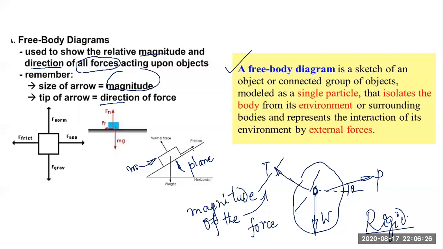But we will assume it as a single particle, and we have to isolate the body from its surroundings. This is the most vital point. What is the meaning? Isolate the body from the environment or surrounding and represent the interactive forces by the external forces. That means when we have to draw the free body diagram of the block, say this is the block.